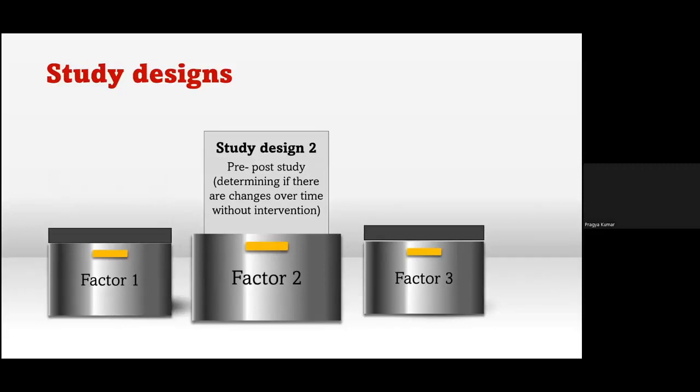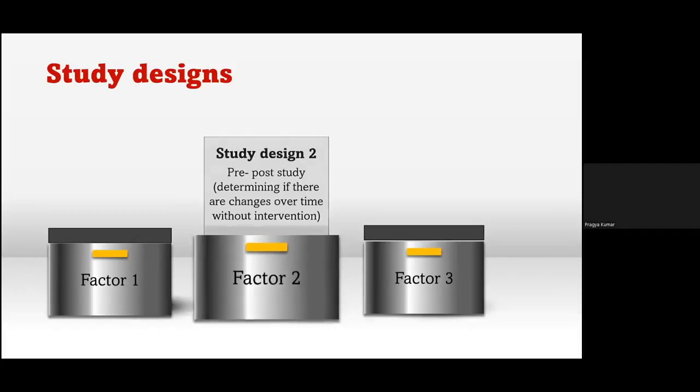Maybe you can decide the prevalence of non-hypertensive and hypertensive in a single set of individuals, and then again you measure the same individuals. So it will be paired data, the same set of study subjects, pre and post, but without any intervention. Then also this can be done.